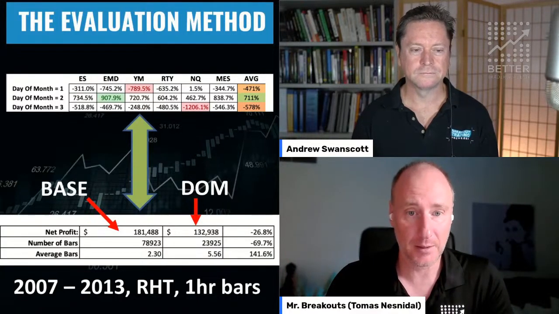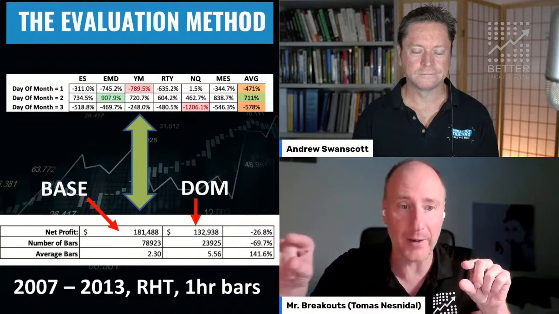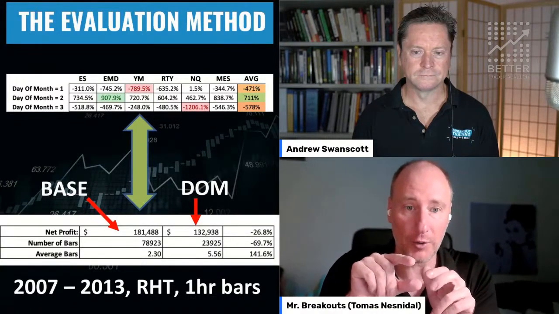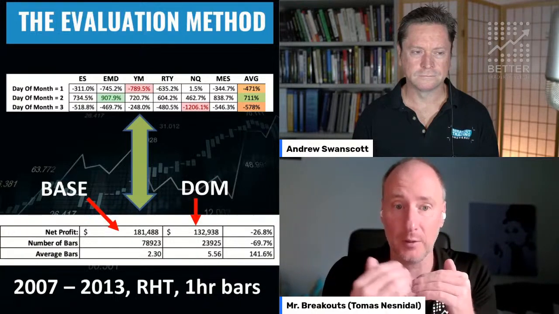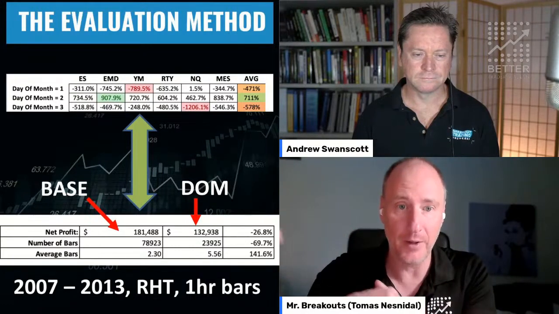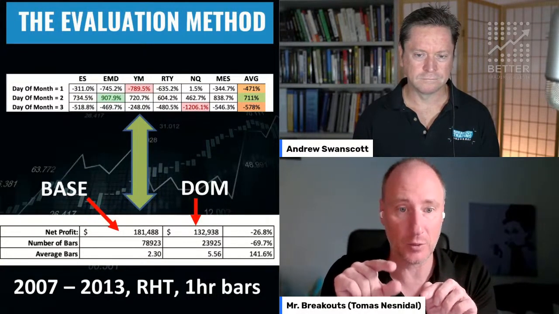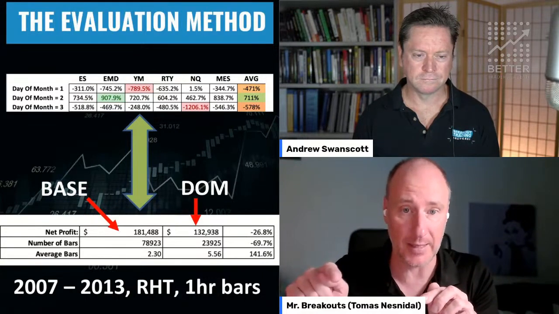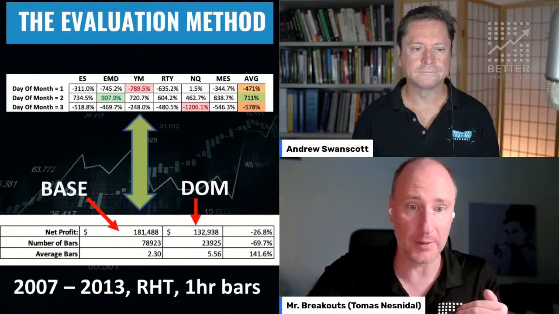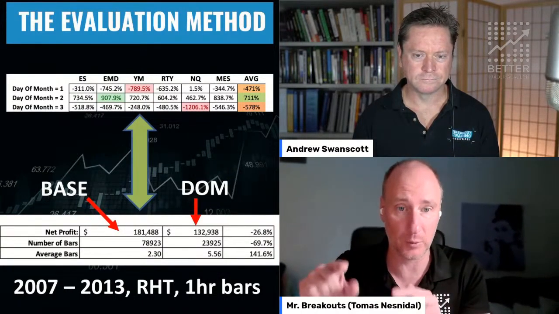So the way I tested is, if you take all the hourly bars from 2007 until today, and you pretend you would be buying and then exiting every single hourly bar, your average trade on an hourly bar would be plus $2.30. With the base, you would make $181,000, and your average hourly bar would be $230.